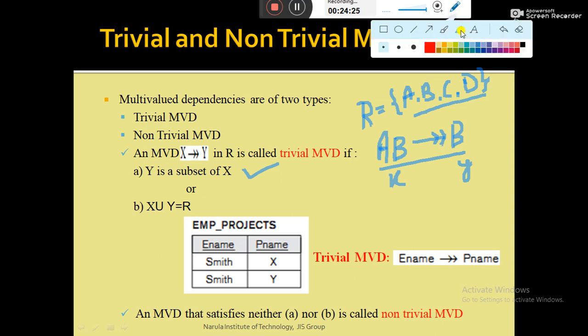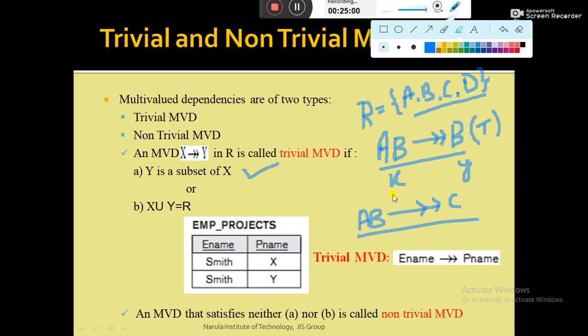Now let me explain the non-trivial MVD. So this is a trivial MVD, and I am writing it in short as T. Now if we write, for example, AB ↠ C, then what happens?